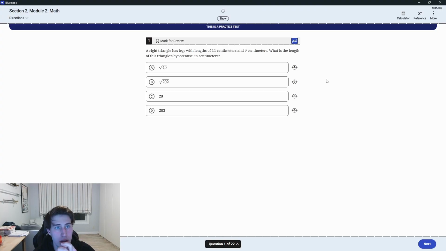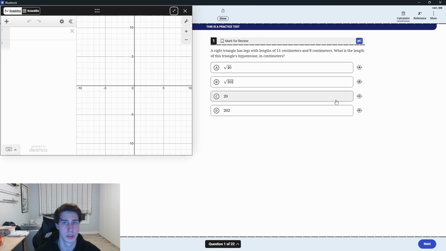Alright. Number 1. A right triangle has legs with lengths of 11 centimeters and 9 centimeters. What is the length of this triangle's hypotenuse? So this is just the Pythagorean theorem. 11 squared plus 9 squared equals 202.